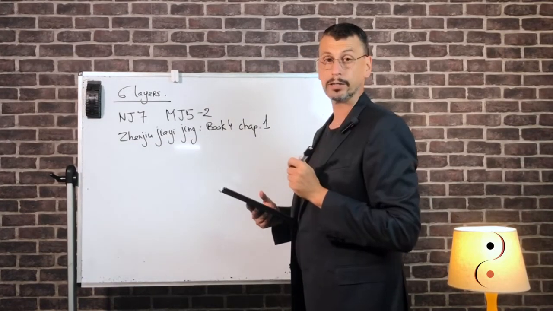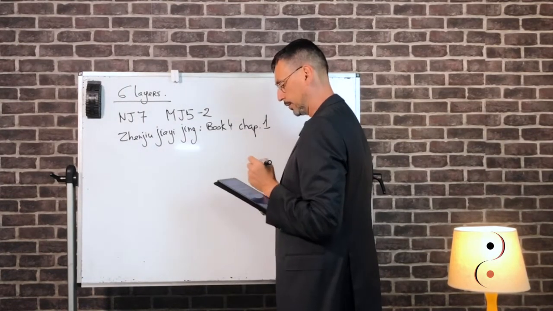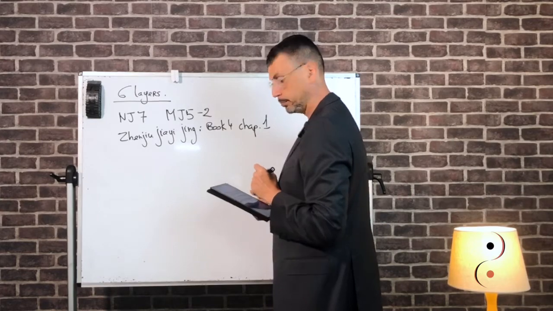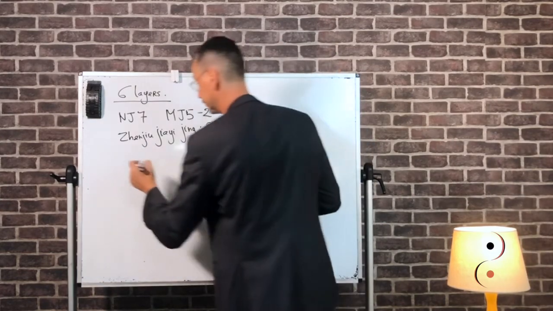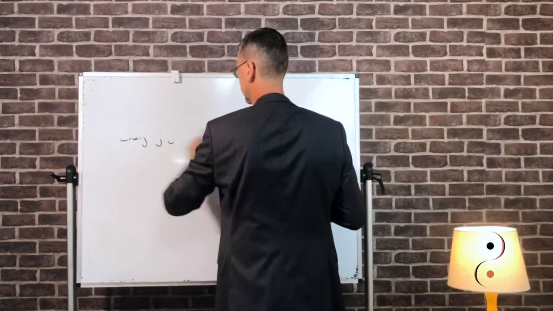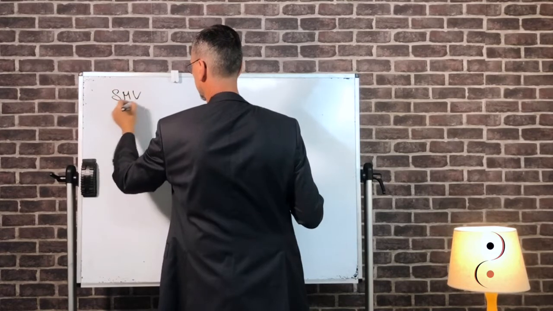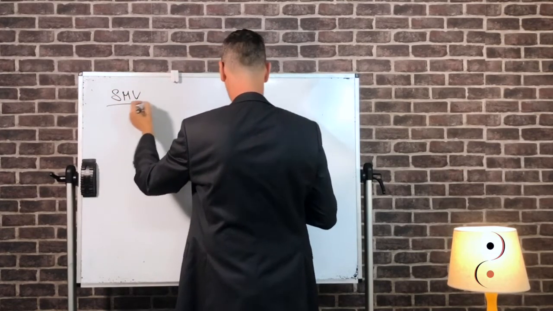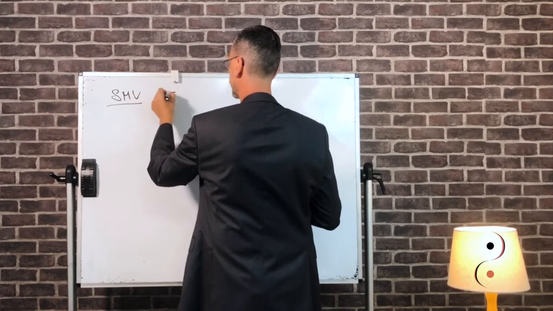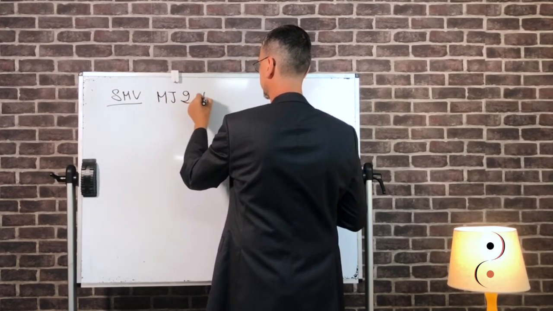Concerning the 8 marvelous vessels, you have a description of the pulse of the 8 marvelous vessels in the Maijing, book 2, part 4.